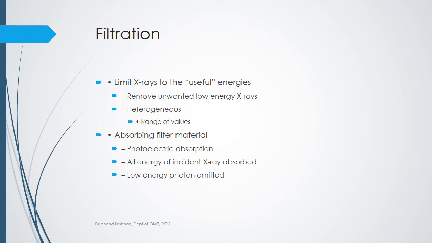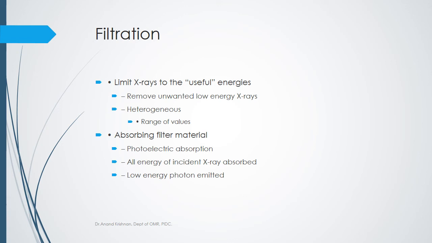And in determining the amount of filtration required for a particular X-ray machine, the kVp and the inherent filtration of the tube and its housing must be considered, because we already said that it is housed in a metal container with insulation with oil. These materials can include the glass wall of the X-ray tube and the insulating oil that surrounds the dental tubes and the barrier material that prevents oil from escaping through the X-ray port.